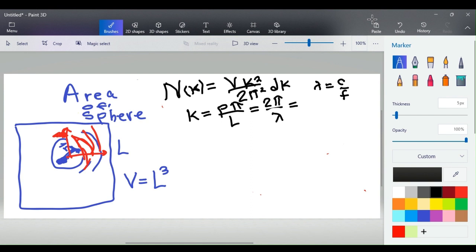Okay, enough with that. Okay, what if I replace this lambda with C over F? Well, the F is going to go in the numerator because it's in the denominator here. It switches around.